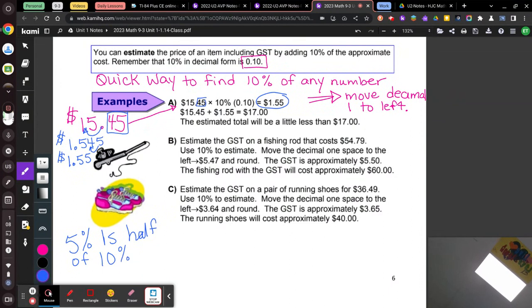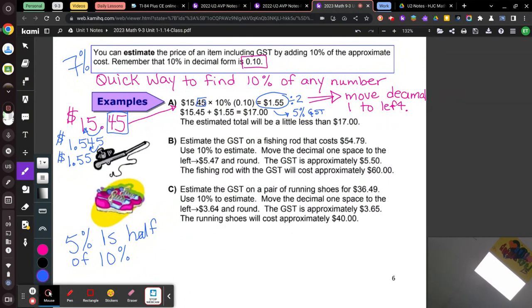So if I wanted to find my GST, what it would be now, and these ones found it for 7%, right? That's what they did when it was written. So they figured out 7%. We're on 5% now. So we're going to do the new number. So if 10%, we find the 10% by moving the decimal back, that number we now divide by 2. So now if I divide this number by 2, that's my actual 5% GST number.